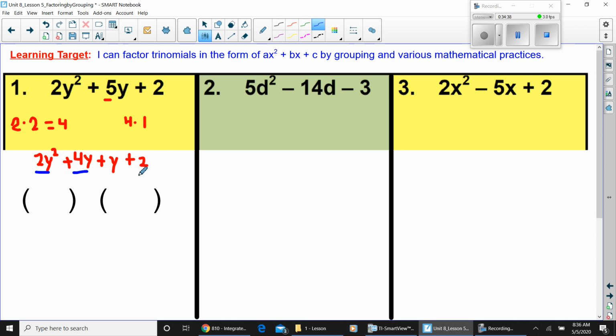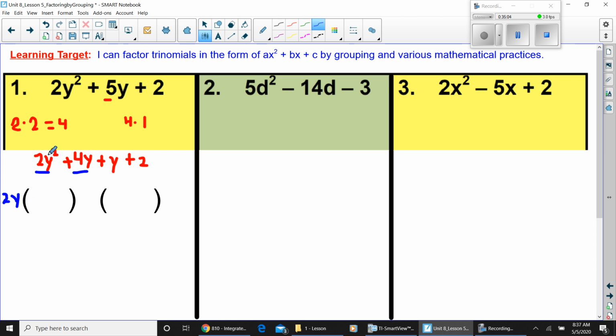I am not going to look at these yet. So I have 2. Greatest common factor is 2. And I also have y as the greatest common factor.